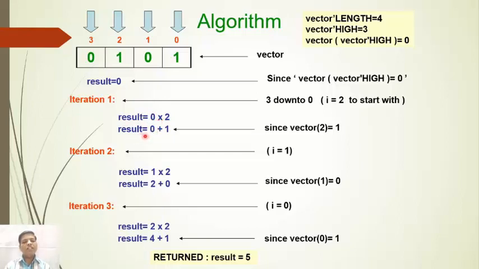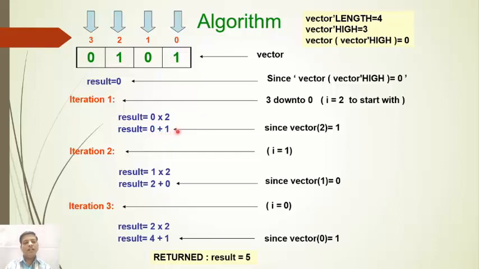So result is equal to 0. Then vector 2 value should be equal to 1, so result is equal to 0 plus 1.